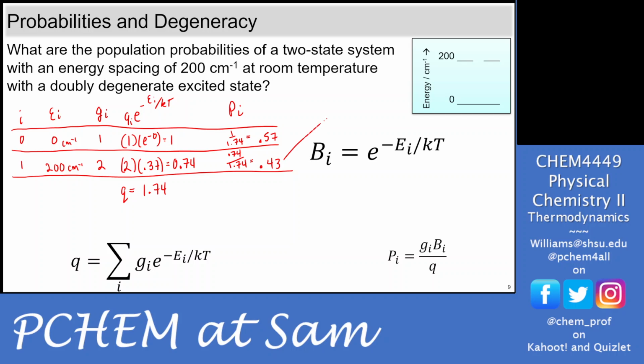So if we take that 0.43 and divide by 2, we get 21 and a half. It's divided equally among those 2. So we have a 21.5% chance of being in each of those states, and a 57% chance of being in the ground state.